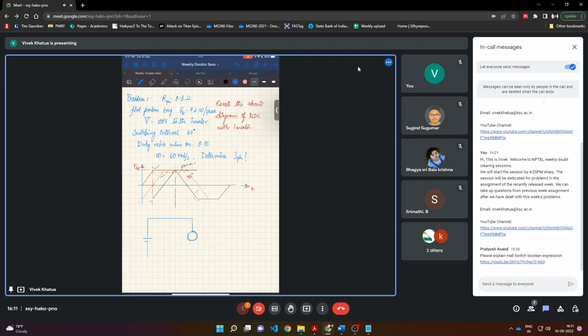This is the motor. One phase has no connection to it. So this we can elaborate as resistance that will be our phase 1, then the inductance of it, resistance of phase 2, inductance.